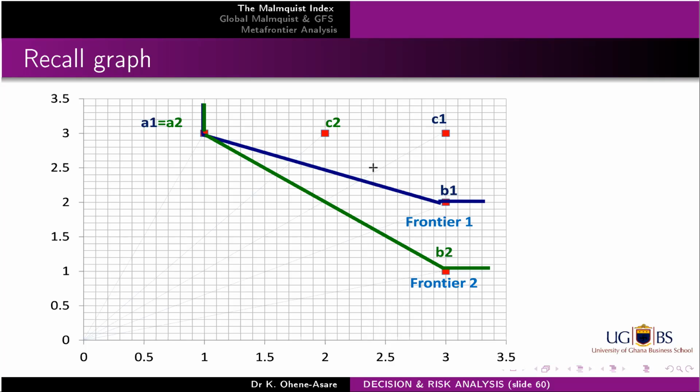Very good, it will be inefficient somewhere here. Now, what about in year 2 for E? What are the coordinates? 3 and 2.5. Good. So you have 3 here, you have 2.5 there. If you look at E in year 2, would it be efficient or inefficient?